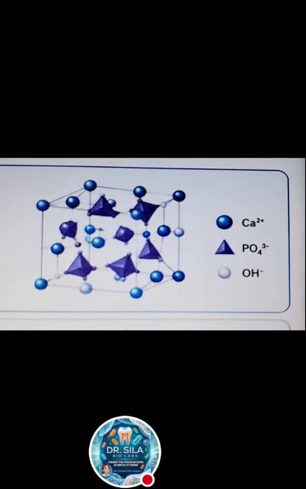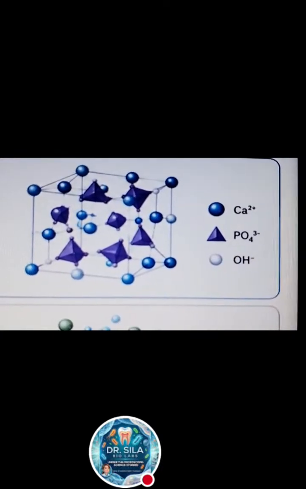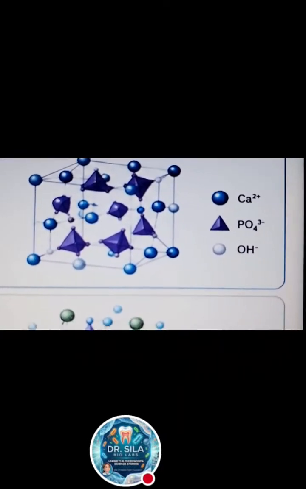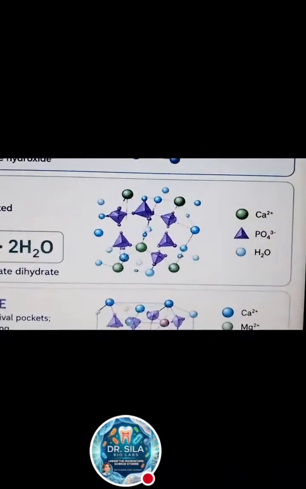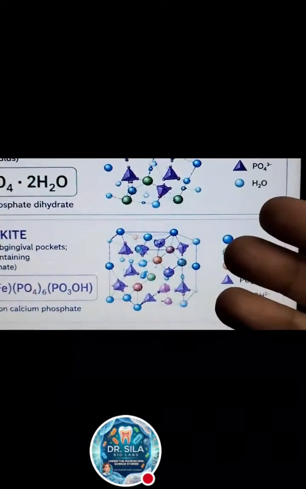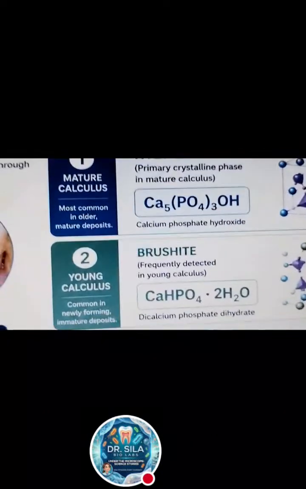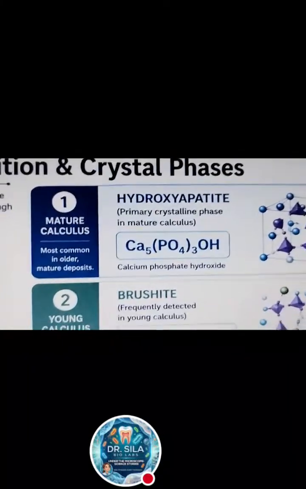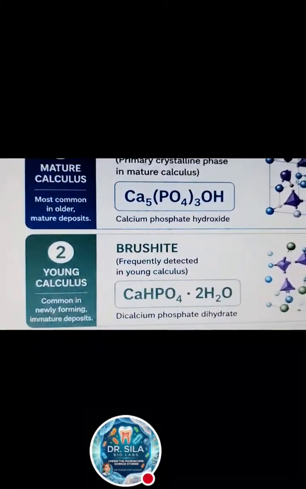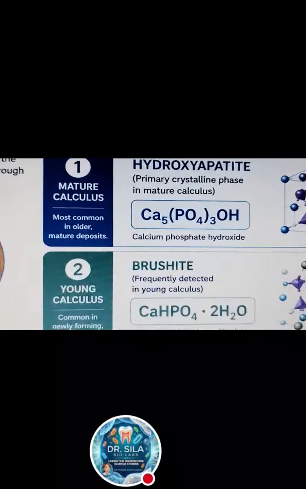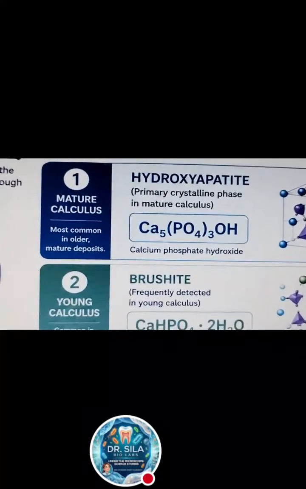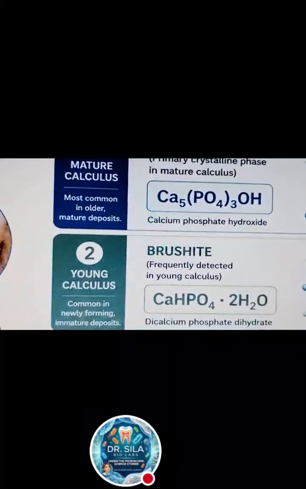Here are the chemical structures you can see: calcium phosphate hydroxide, this is brushite, and this is whitlockite, subgingival. Why does it matter? These different crystalline phases reflect the age, environment, and location of the calculus.